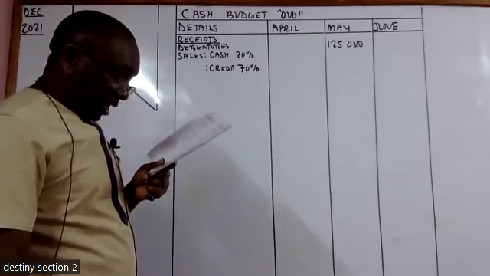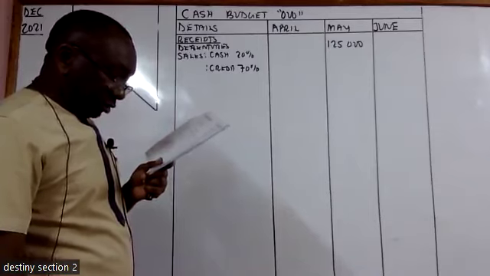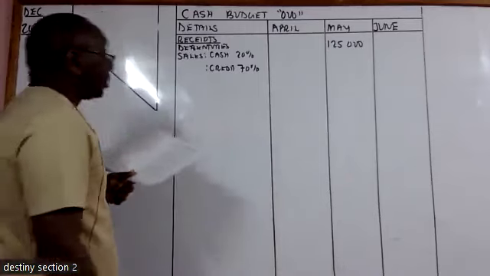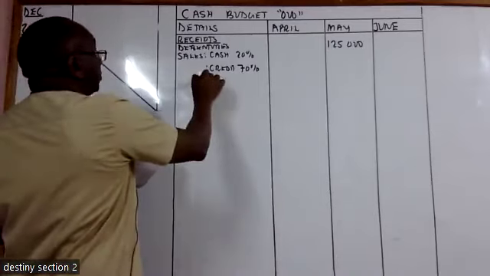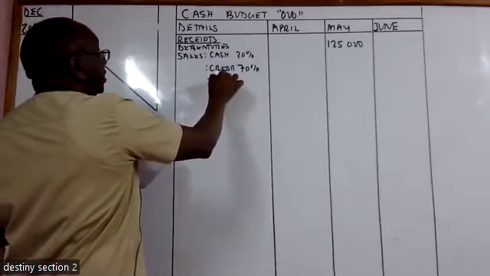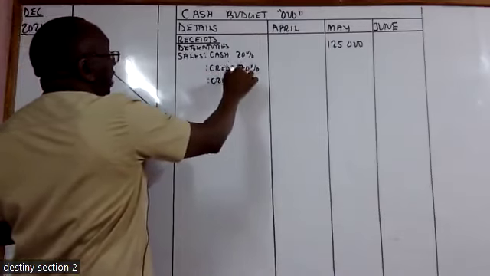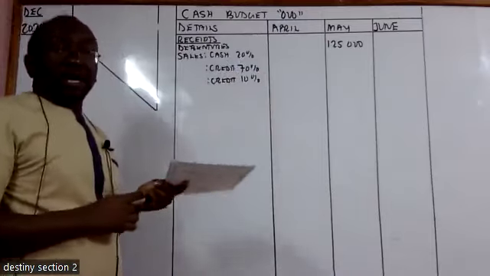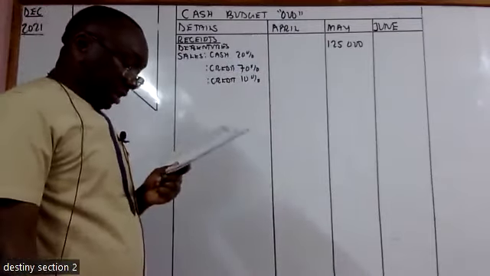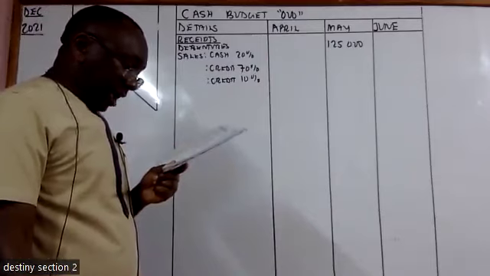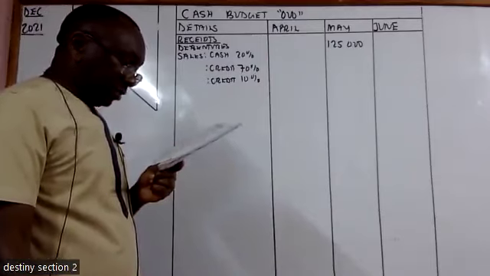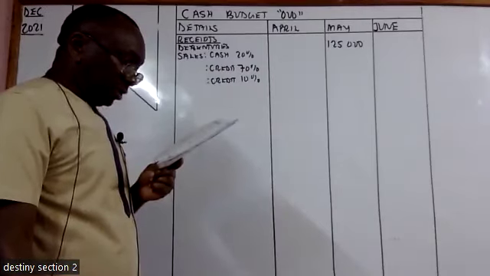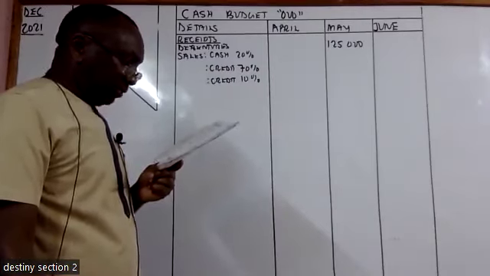They get a discount of 2.5, and the remaining debtors pay within 2 months. So the remaining, another credit, is 10%, so that we get to 100%. They pay within 2 months, they do not get a discount. So that's all about the sales.